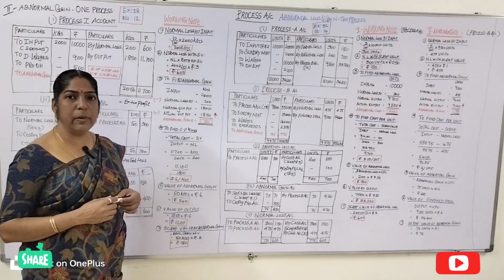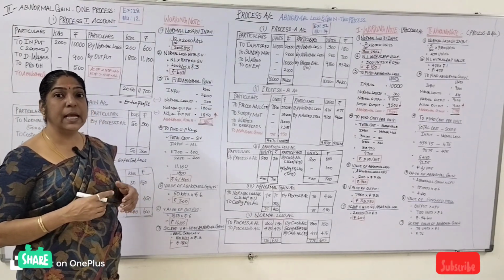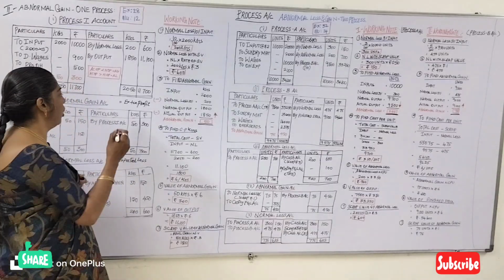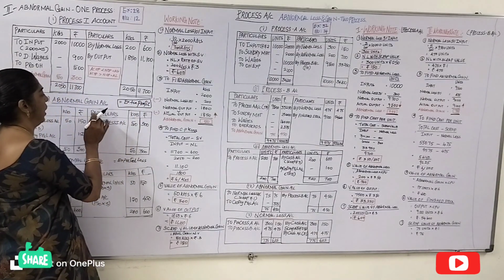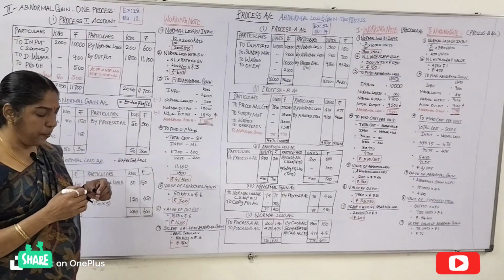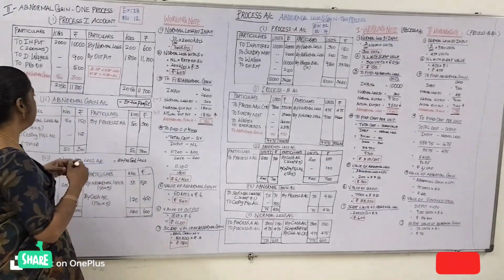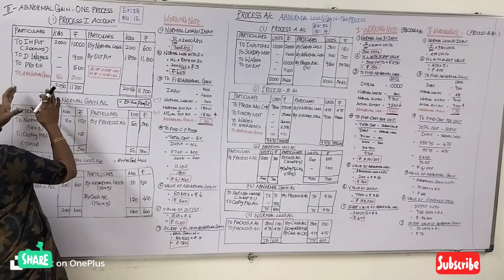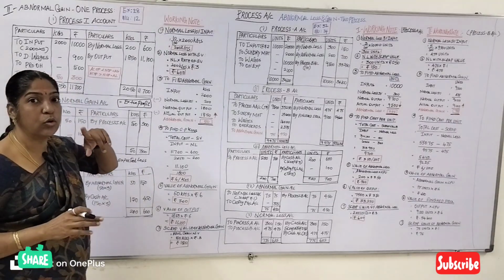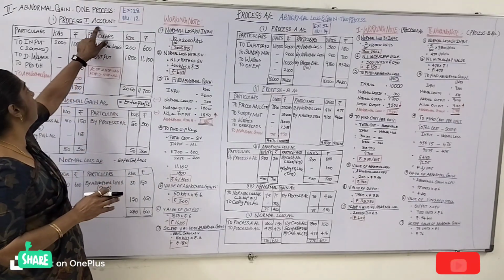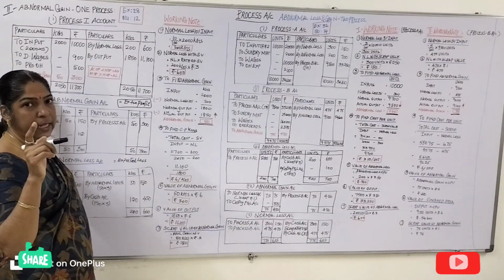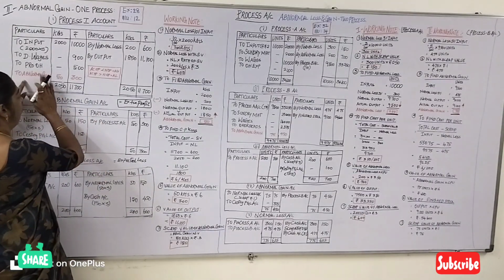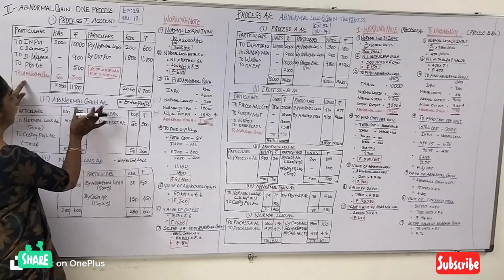It means extra profit. Now we are going to prepare the abnormal gain account. Where does the abnormal gain account appear in the process 1 account? In the process 1 account, abnormal gain appears on the debtor side. Right? So on the opposite side, you are going to enter it.